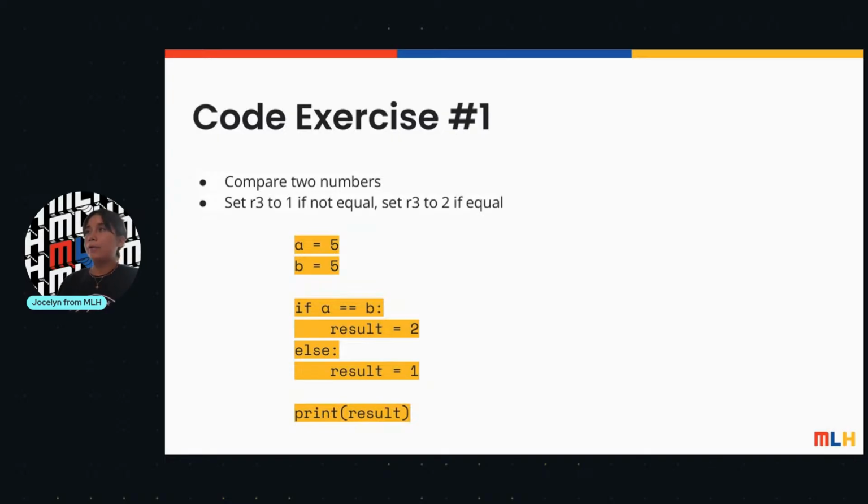In our instruction, we want to set R3 to 1 if the two numbers are not equal, and set R3 to 0 if they are equal. You can set any flags that you wish, and it can be any register. I'm just choosing register 3, but it can be any register that you want from the general purpose ones that we saw.